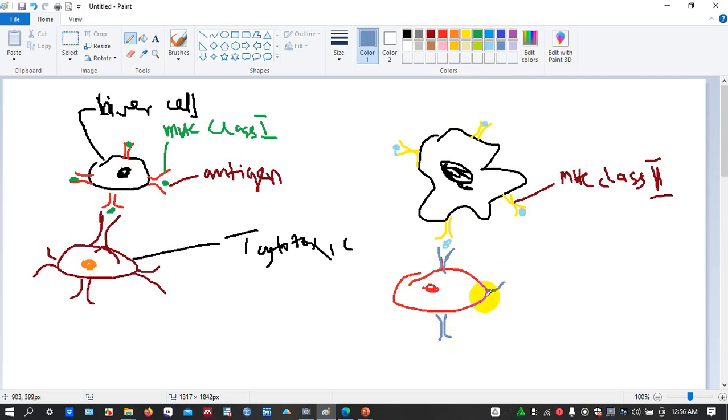After binding onto the antigen, there will be a series of signal transductions that will lead to the production of what? That will lead to T helper cells producing cytokines.